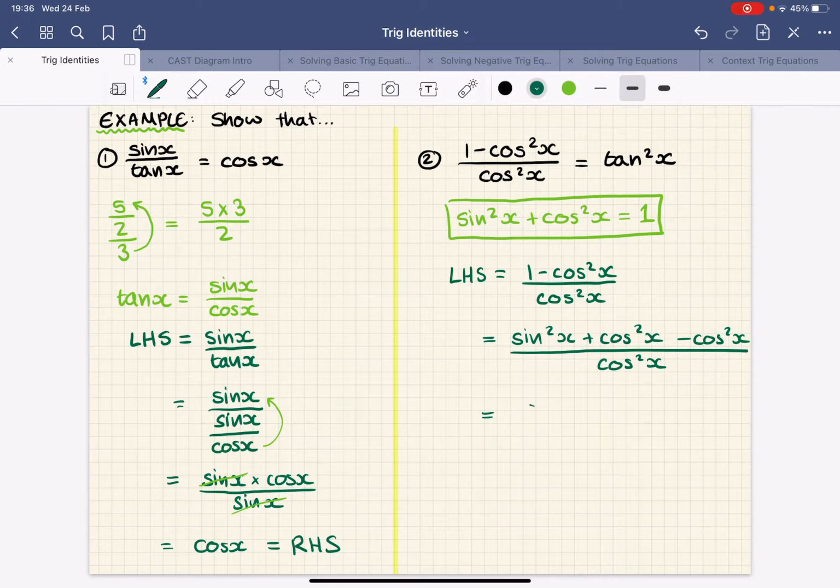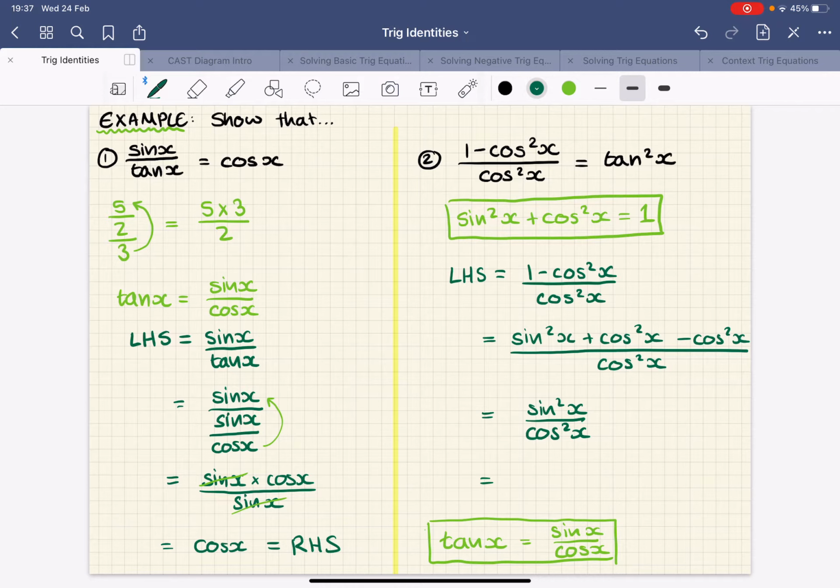So I now have the sin squared x over cos squared x, and then using my knowledge of tan x equals sin x over cos x, that can get me to that last step. So this is one of the ones where I'm having to use both of my identities, and that gets me to my right-hand side.